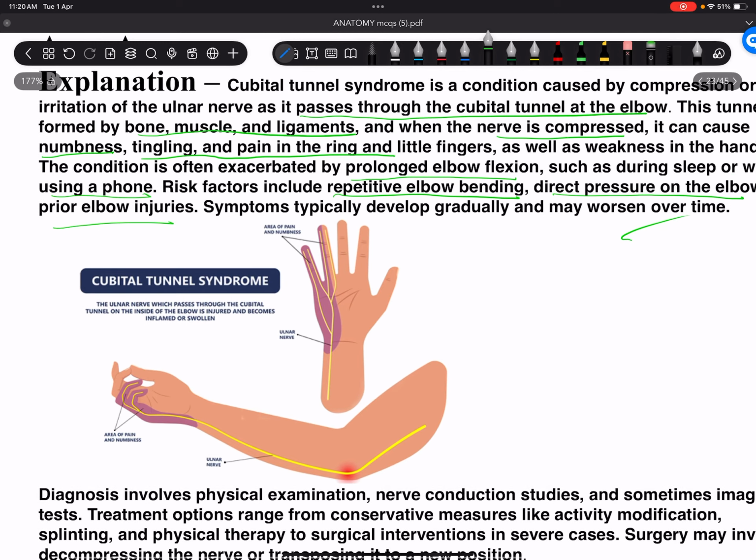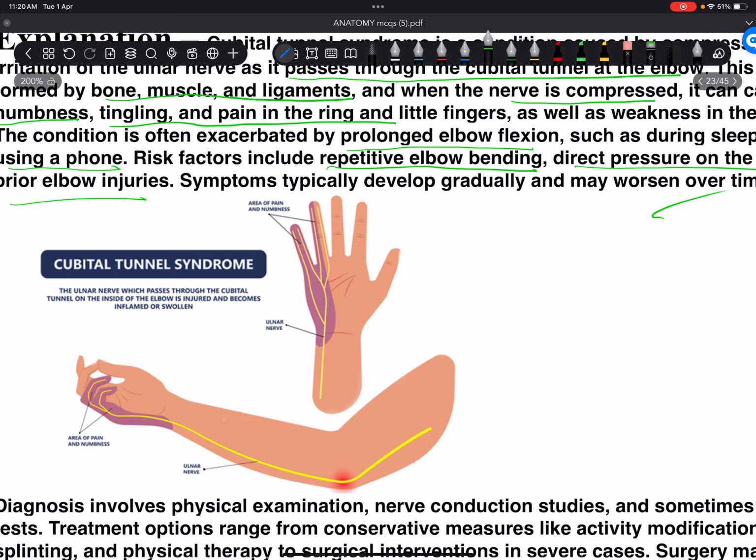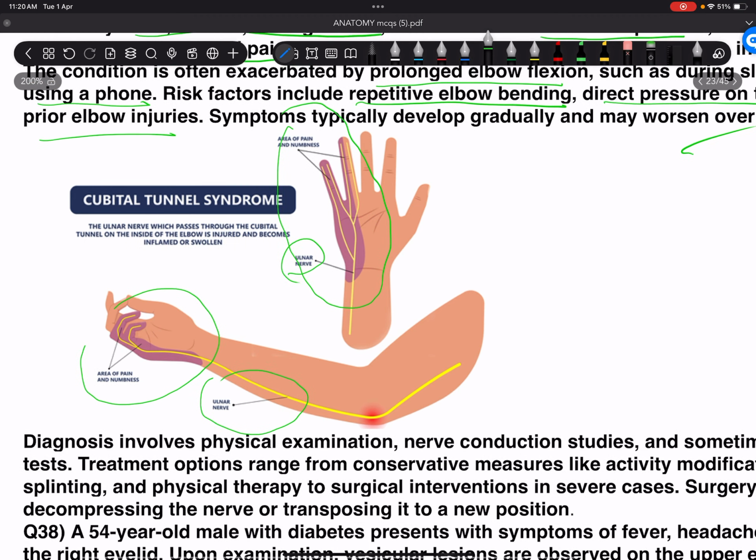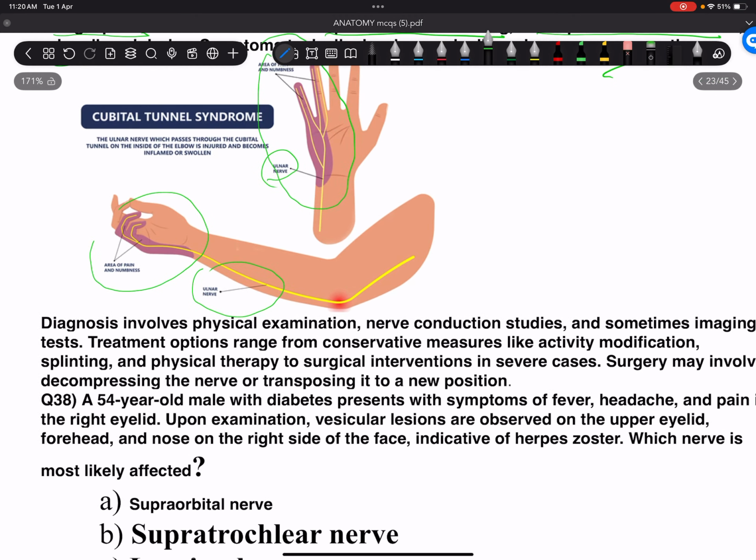So this is cubital tunnel syndrome, the ulnar nerve. Diagnosis involves physical examination. How can you diagnose it? Physical examination, nerve conduction studies, and sometimes imaging.